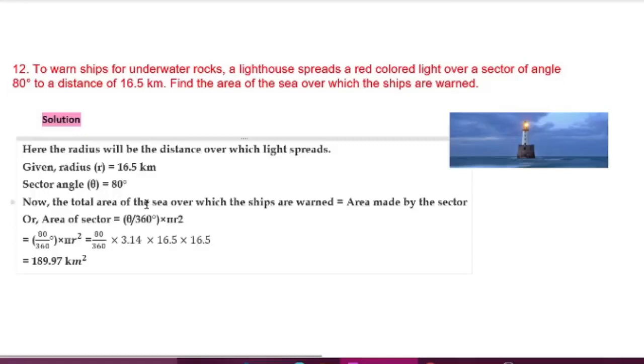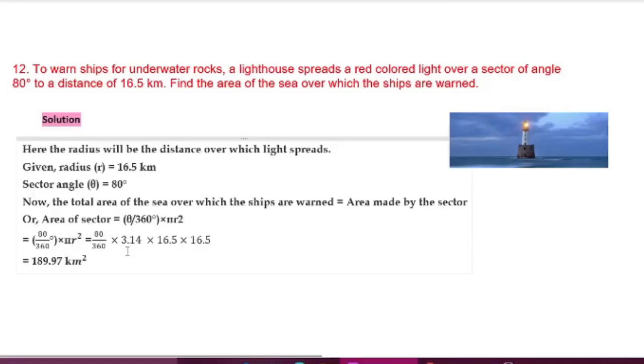The total area of the sea over which the ships are warned is equal to the area of the sector, that is equal to theta by 360 into pi r square. Now we can simplify this: 80 by 360 into pi r square. Substitute the values.